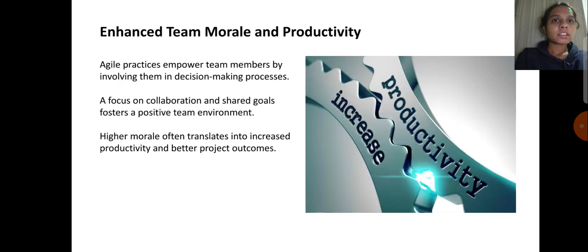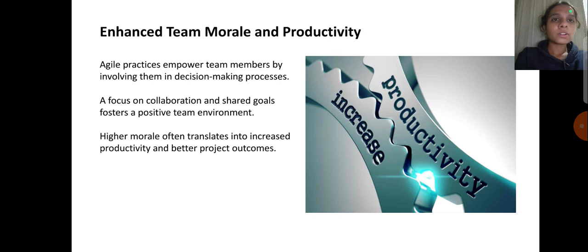And next is enhancing team morale and productivity of agile practices. Agile practices empower team members by involving them in decision-making processes. A focus on collaboration and shared goals fosters a positive team environment.